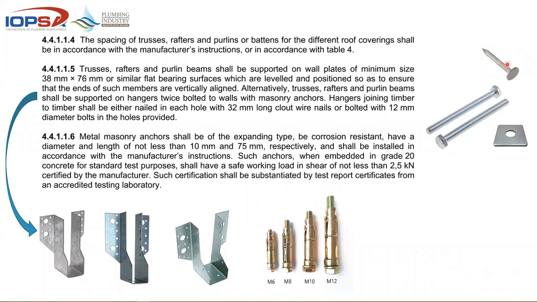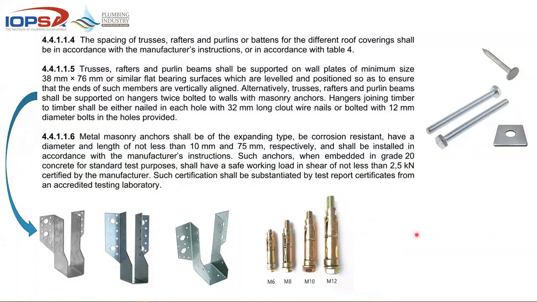You're using either a clout nail, a bolt with a square washer, galvanized type truss hangers, hurricane clips, and metal masonry anchors shall be of the expanding type, be corrosion resistant, and have a diameter of not less than 10 millimeter and a length not shorter than 75 millimeter, and shall be installed in accordance with the manufacturer's instructions.